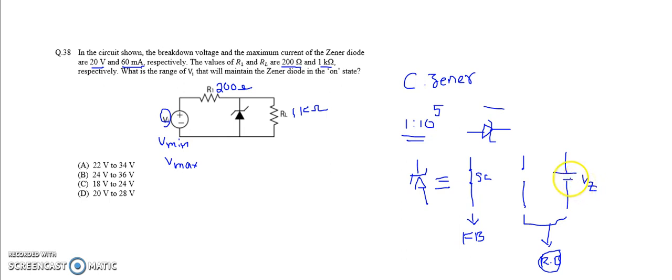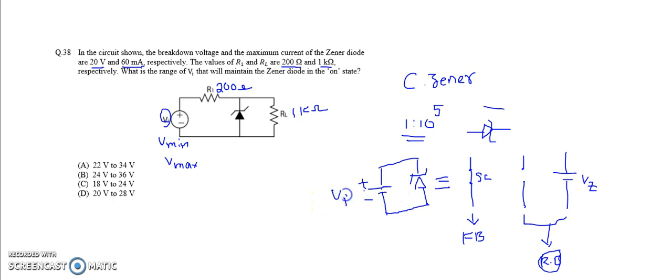When does it act like an open circuit? If I take a Zener diode like this in a circuit, with a voltage source connected here, positive and negative, where positive goes to the N type of the Zener diode and negative goes to the P type, that means the Zener diode is in reverse bias condition.